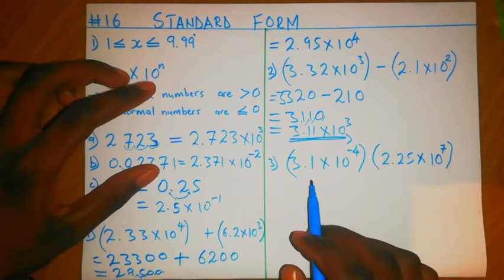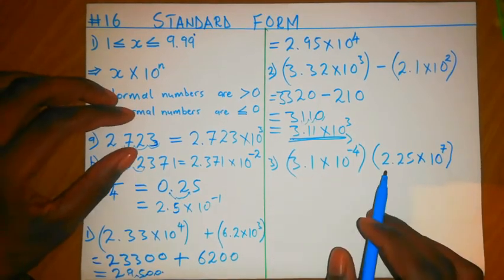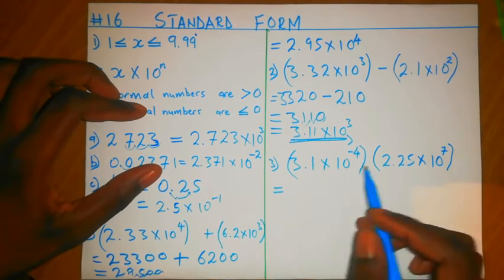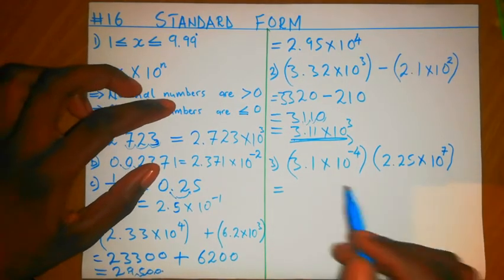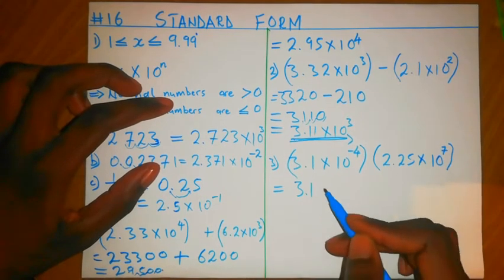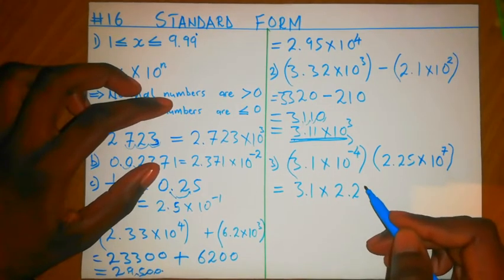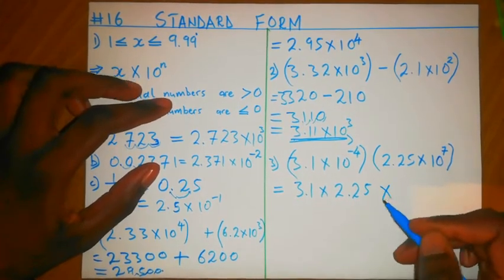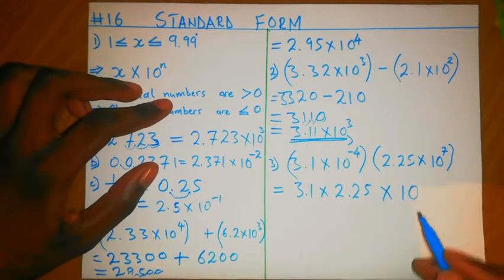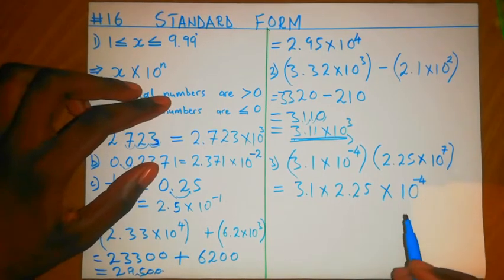Here is when we start to apply our laws of indices. We want to multiply here. We don't need to convert anything into ordinary form. We're going to say 3.1 times 2.25. Then times, I'm going to take a single 10 here. So it's now 10 to the power negative 4. Then I will apply my laws of indices.